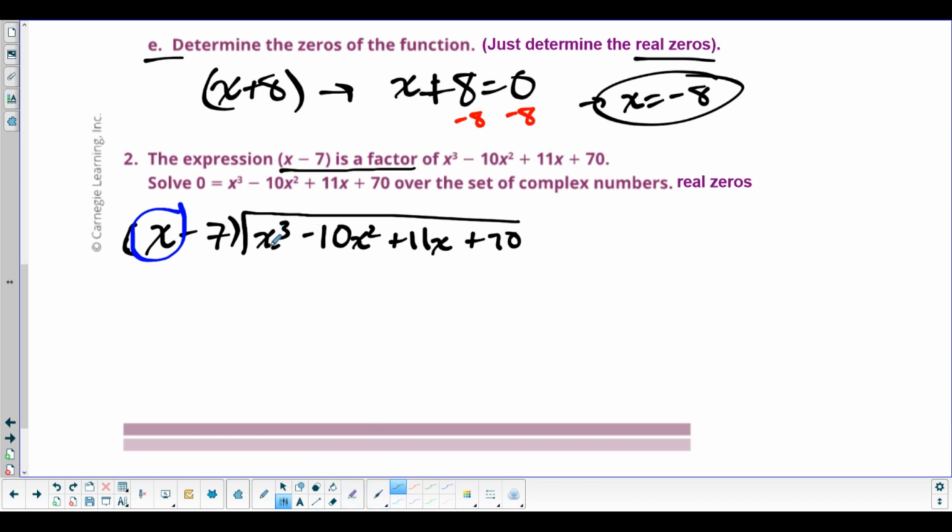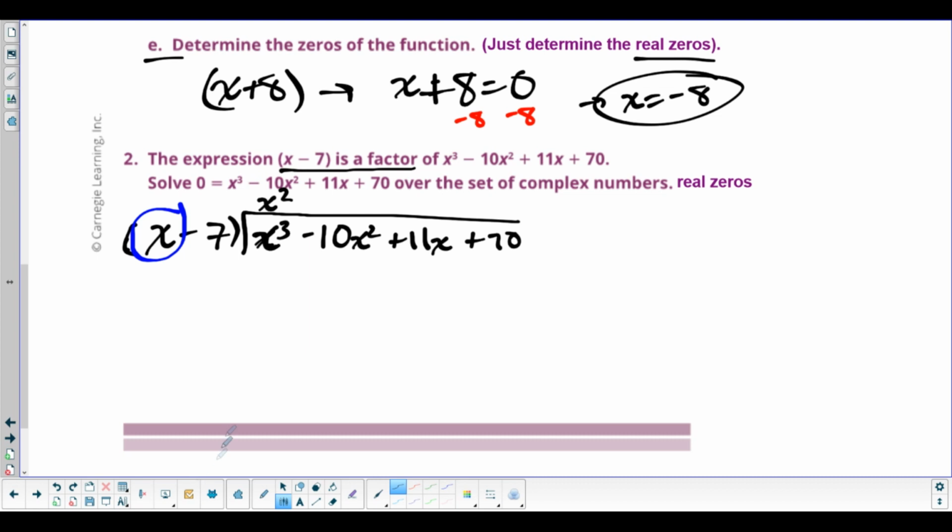This is our guiding light. So my first question is, how many times can x go into x cubed? Well, x can go into x cubed x squared times, because x squared times x is x cubed.